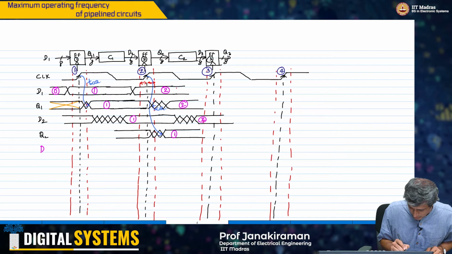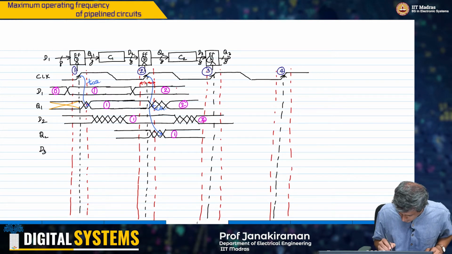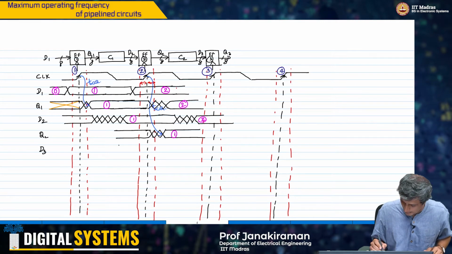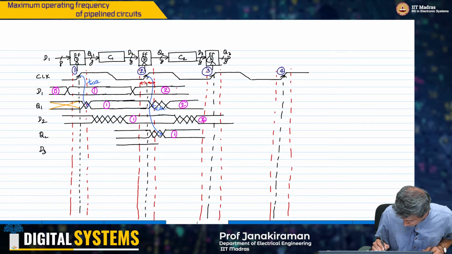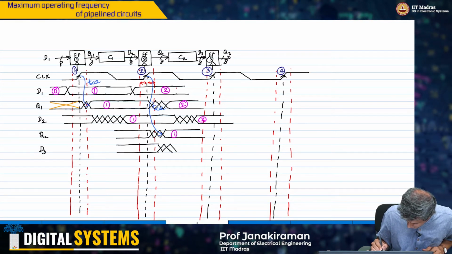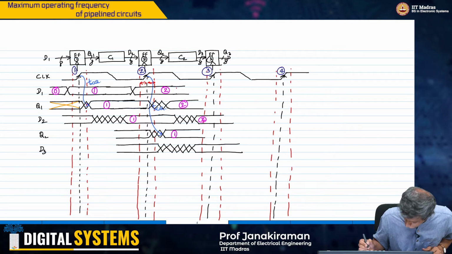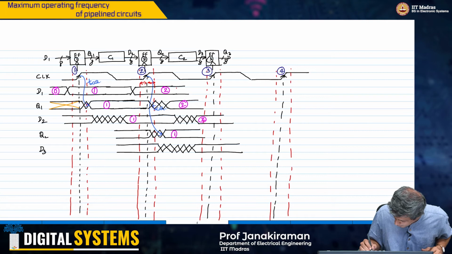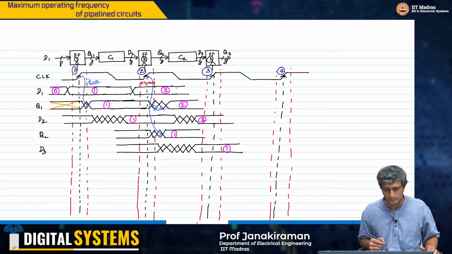So if I plot D3, essentially D3 is the output of a combinational block again. So it will start changing. This is event 1 on D3.